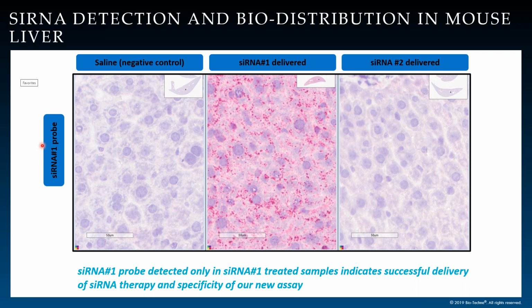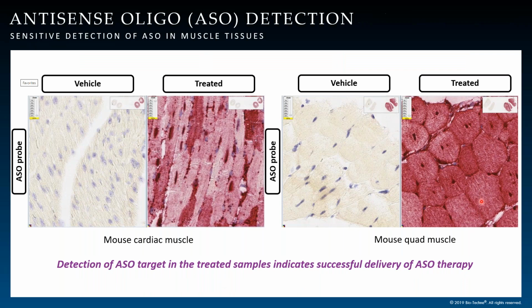So here we have used a probe specifically against the siRNA1 target, and as you can see, we can specifically detect the siRNA delivered in this tissue, but not in the siRNA2 delivered tissue, indicating the specificity of our assay in identifying siRNA.